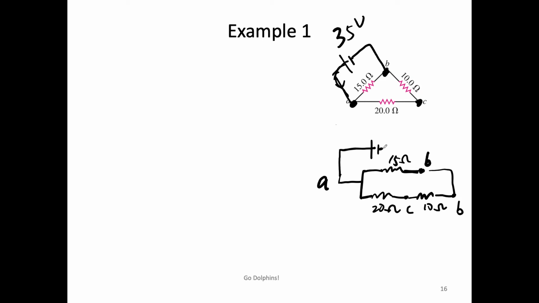And then you connect B to the negative end of this epsilon equals 35.